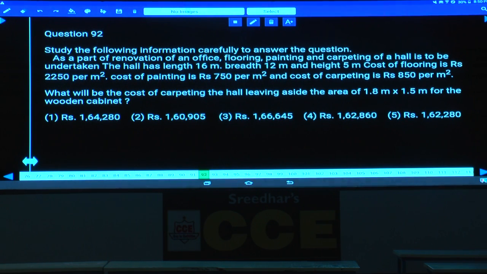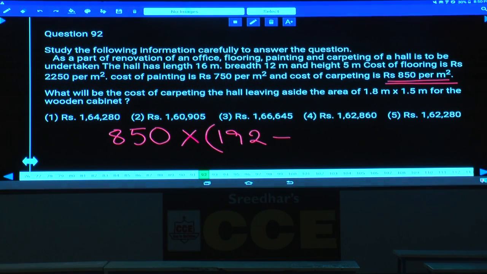So for carpeting, how much are they charging? 850. Now, into the area of the rectangular hall, length into breadth. What is length? 16. Breadth 12. 12 into 16, 192.